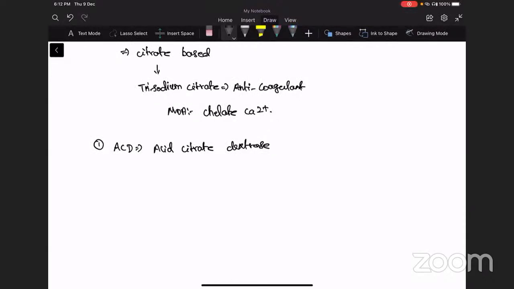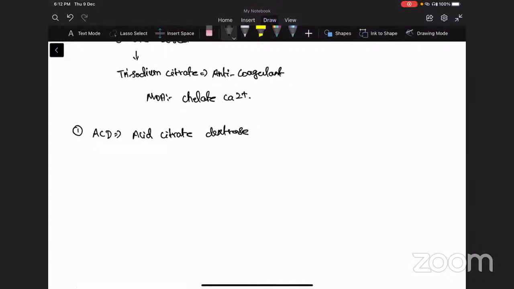It's only going to take 5 to 10 minutes. You just have to know the name of the preservative, the limitations and the advantages, as this has been asked. Acid citrate is an anticoagulant. Dextrose gives nutrition to the RBC.